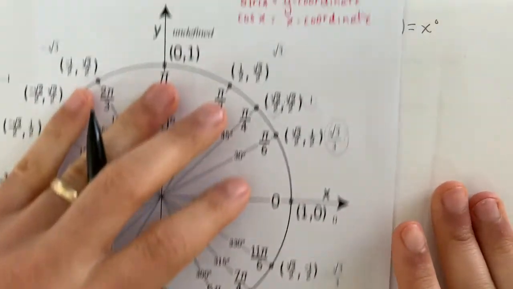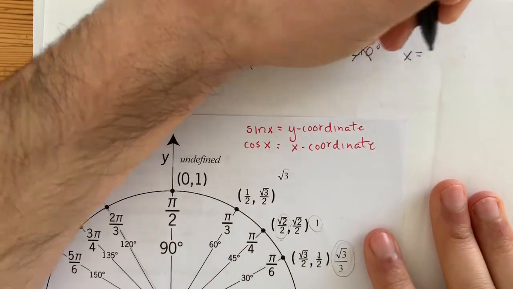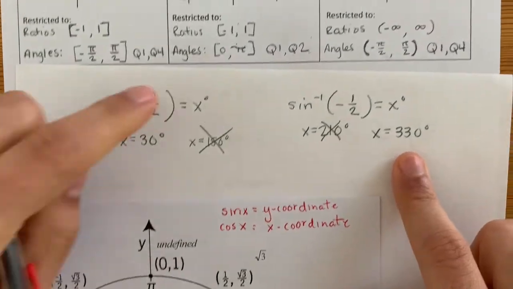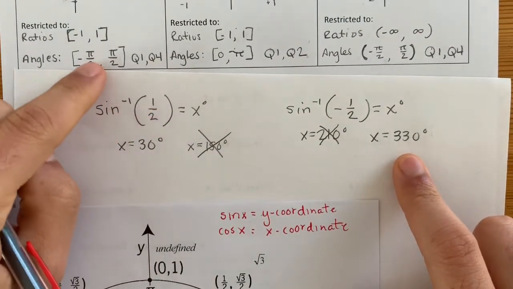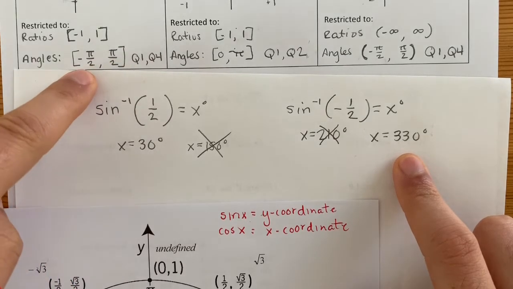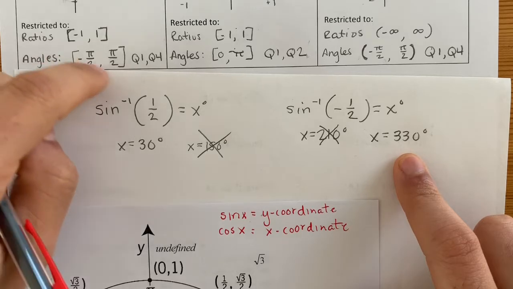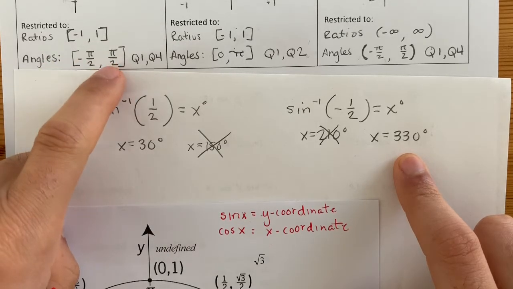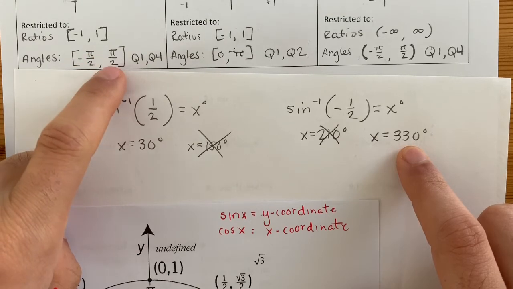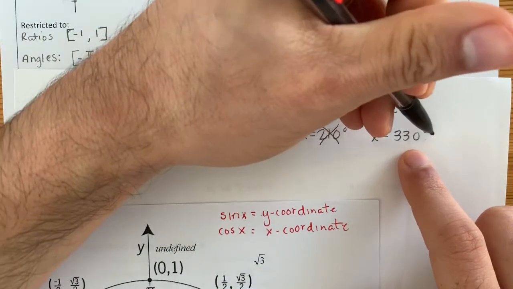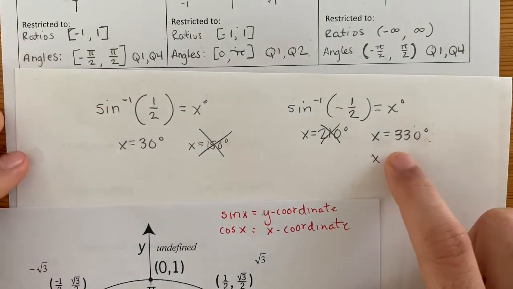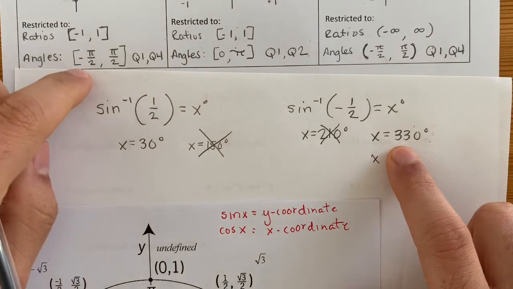Now this is where it gets a little confusing. So 330 degrees seems like the answer, but 330 is in the fourth quadrant, but notice the angles had to be between negative and positive pi over 2, which is, in other words, negative 90 degrees and positive 90 degrees. 330 is not within negative 90 to positive 90. So 330 is the location, but it's not the answer we would give. So how could I get to 330 by using a negative angle?